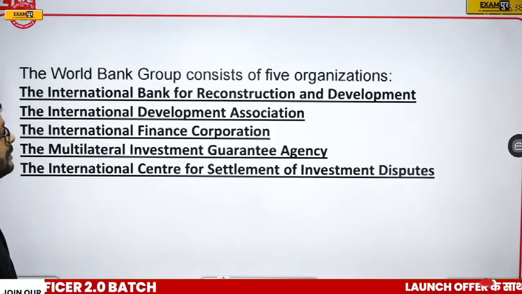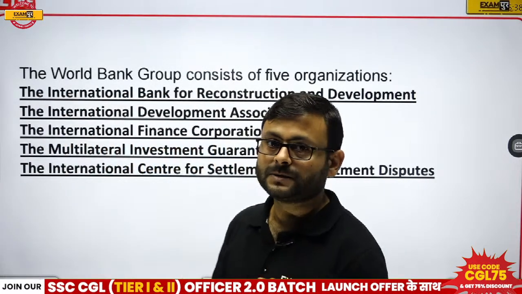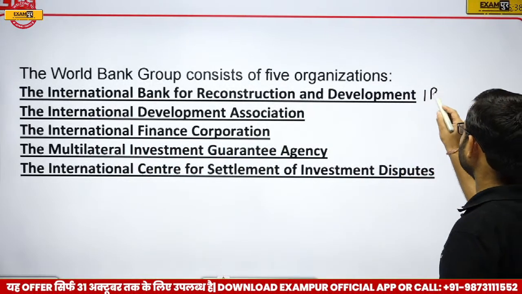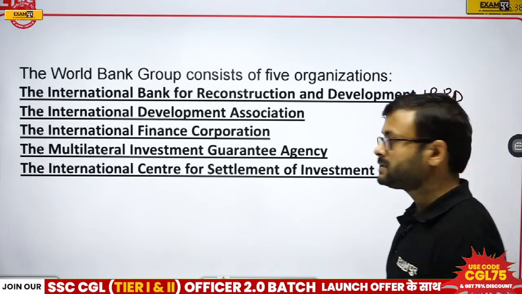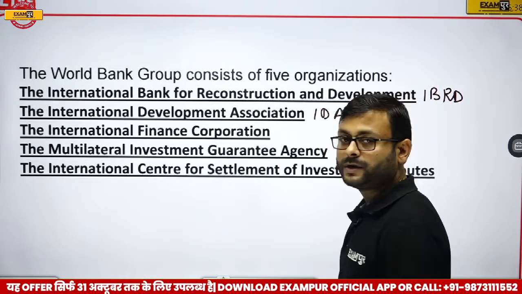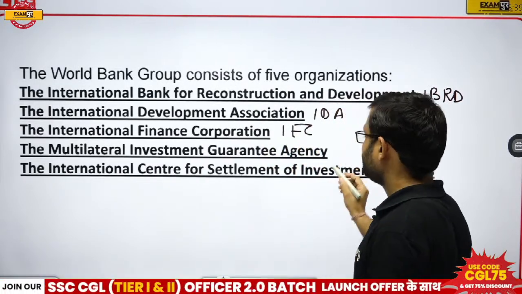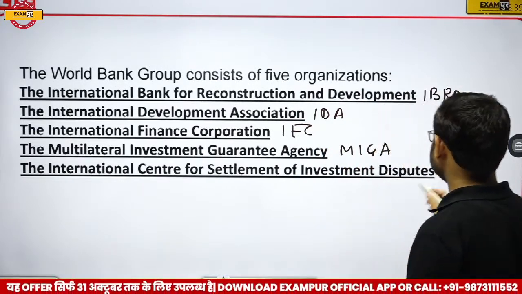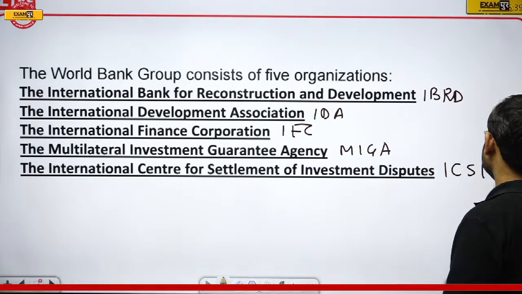So who are the part of the World Bank Group? The first name that comes into picture is International Bank for Reconstruction and Development, known as IBRD. The other one is International Development Association, known as IDA. And IFC, and the other one is MIGA, and the last one is International Center for Settlement of Investment Disputes.